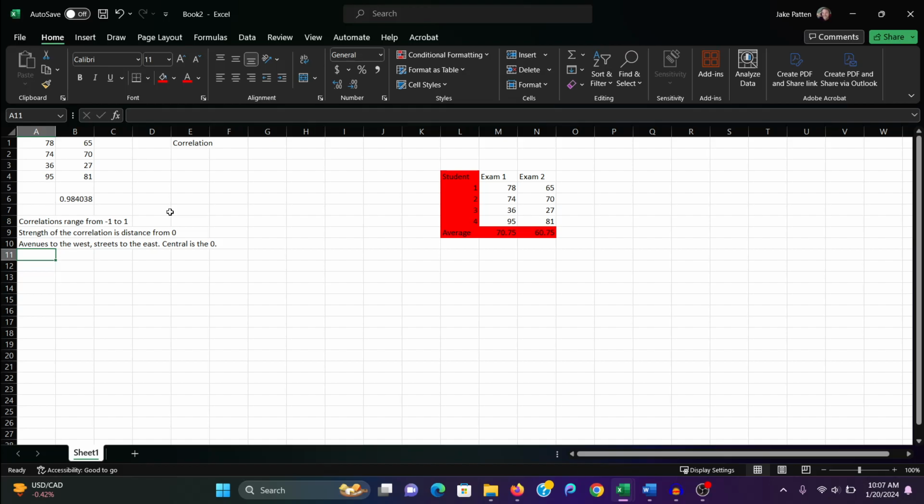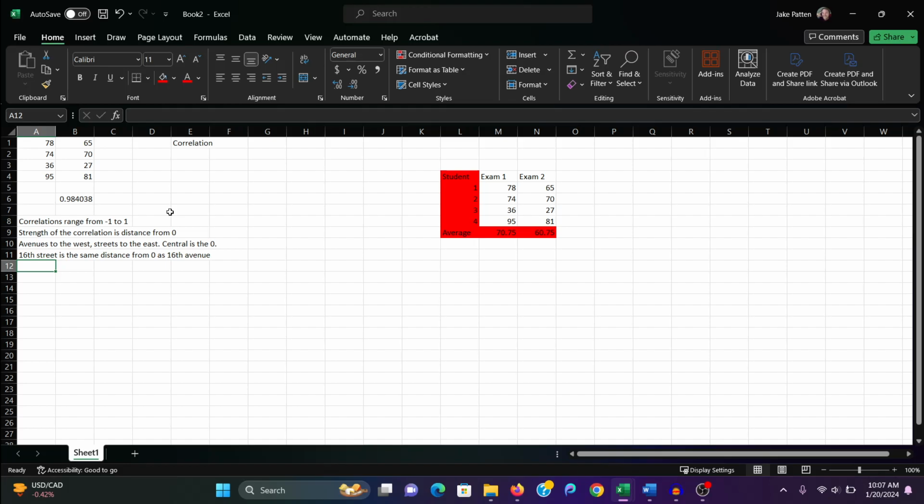So you could think about, like, the negative or positive on here is just street or avenue, and the number, like 16th Street is the same distance from 0 as 16th Avenue. Like, that's what the positives and negatives are for correlation.